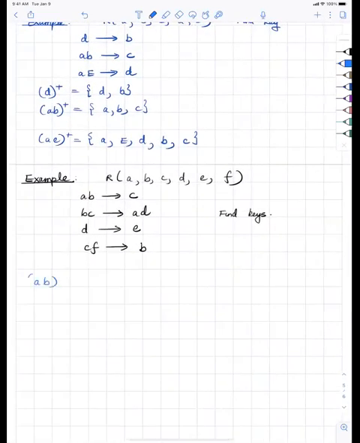Because if you look at AB, you are not going to get everything. So you get A, B, C, D, and E. So you can't get the F in there.